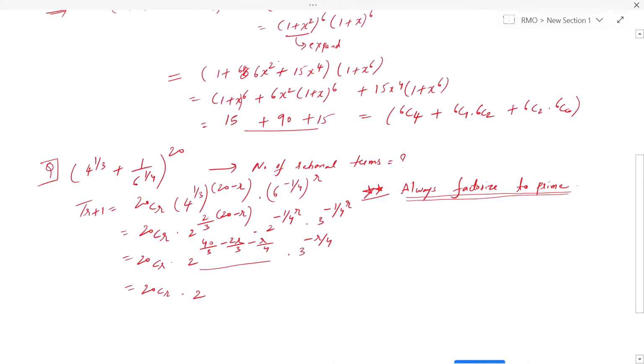Minus 11r by 2 raised to 40 minus 11r by 12. 2 raised to 40. One minute. So it is 12, so I think 12 into 4, 160 will come. 160 minus 8r, minus 11r by 12.